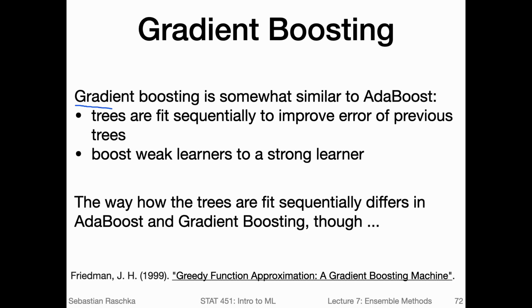Like I mentioned before, gradient boosting is somewhat similar to AdaBoost. So it's still a boosting algorithm, which means we have a sequential process. So we fit models iteratively in a sequence, and we can use decision trees for that also. These trees are fit sequentially to improve the error of the previous tree in the boosting sequence.